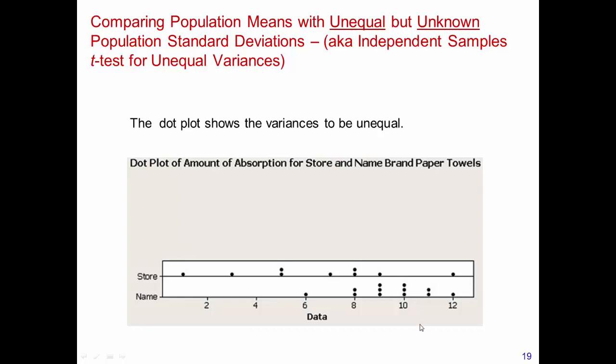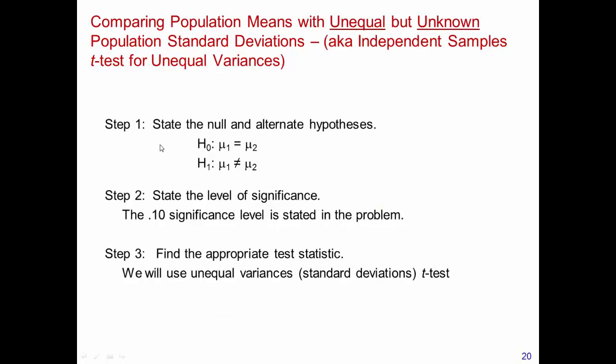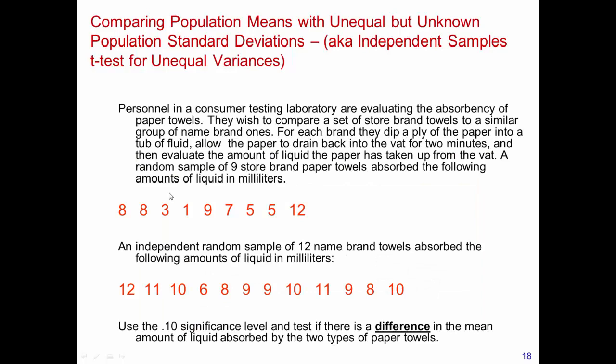And what's the first step in our hypothesis test? Well, the first step is that we assume nothing is going on. In this case, we're assuming that nothing is going on and that mu1 is equal to mu2, where mu1 is the store brand paper towels and mu2 is the name brand paper towels.